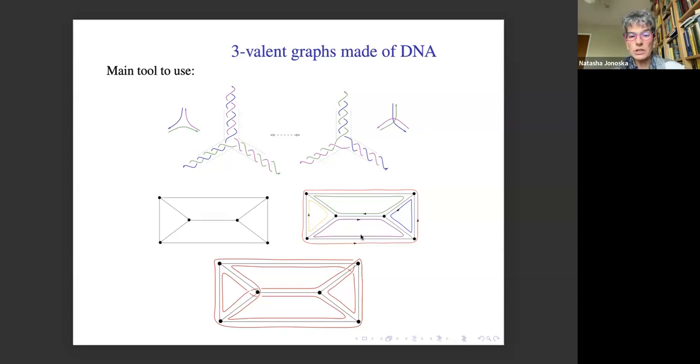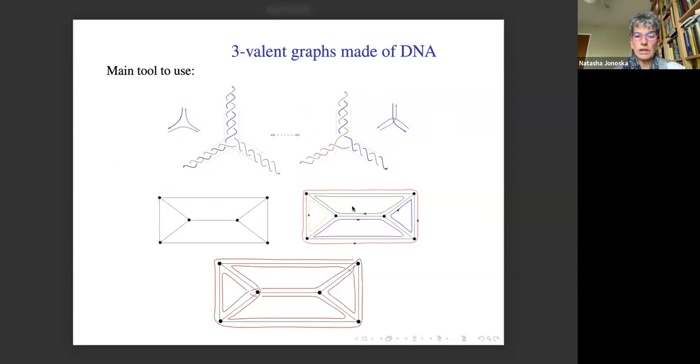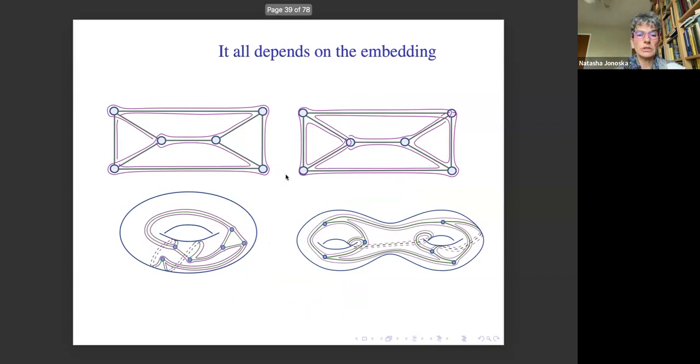Yeah, there are 5 here. I end up with a single boundary component of this surface that traverses the graph at least once. Actually, every edge is traversed twice. Everything depends on the embedding. So here I have a planar embedding with 5 boundary components.